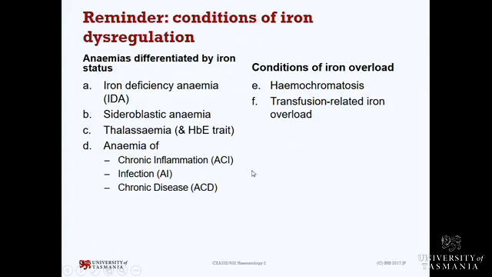So when we're looking at anemias differentiated by iron status, iron deficiency anemia is first, then sideroblastic anemia, and I guess really anemia of chronic inflammation, infection, disease, whichever one you like to see. I've got them all listed there because depending on the text you read, depending on the website you're looking at, they will use these three terms interchangeably.